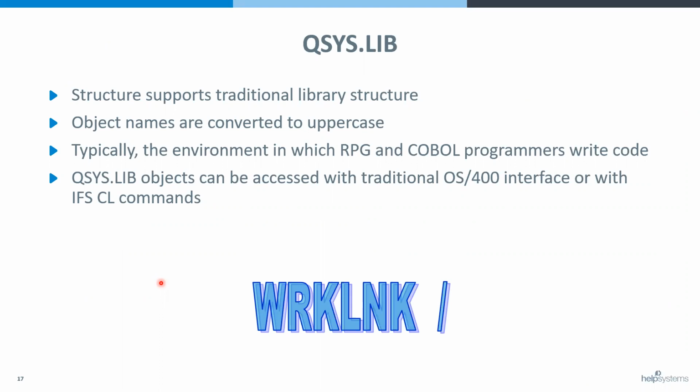In some cases you have to, like with the save commands, use qsys.lib, but most of us would address it by doing an add library list or edit library list to add your traditional library. But basically, as you can see, you can access and reference objects in qsys.lib by using WRKLNK to get at it.